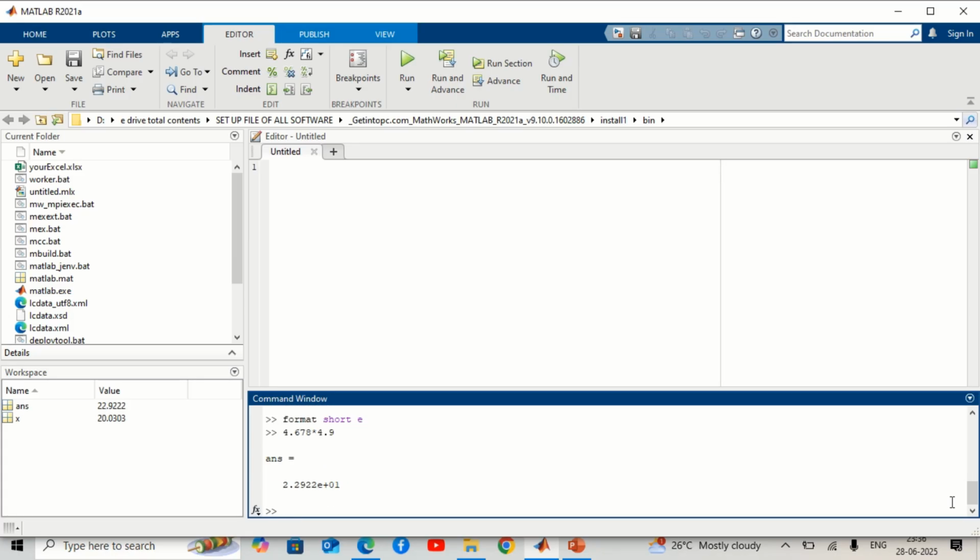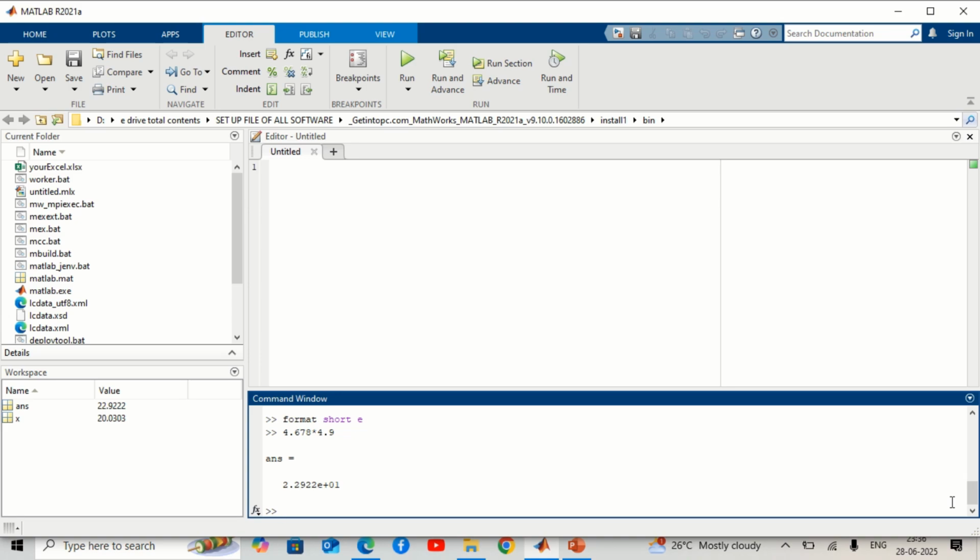So we get the value, that is 2.2922 into 10 to the power 1. So this will execute the short format e command, which displays in exponential form with 4 decimal places plus the exponent value.